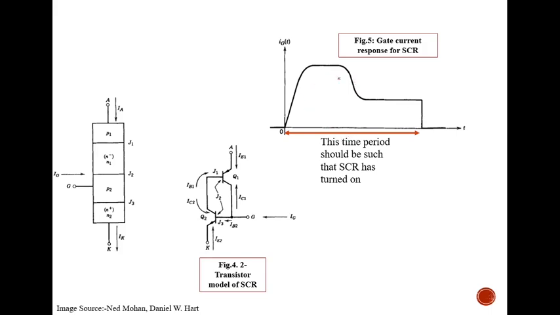So at the starting you need to apply a higher gate current, to avoid the turn on power losses, and then smoothly provide the gate current till the SCR turns on, or you can say the anode current should be greater than the latching current. After this time, you no need to apply the gate pulses and gate current.